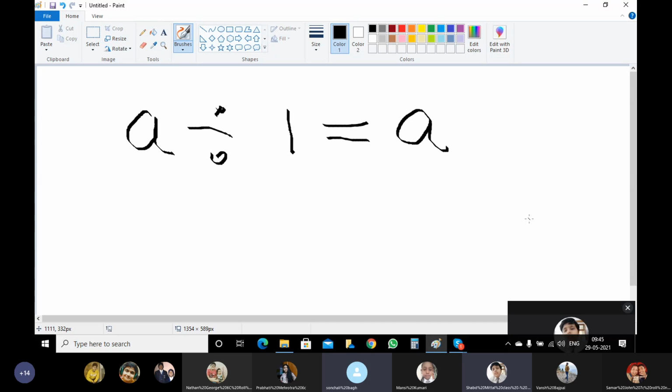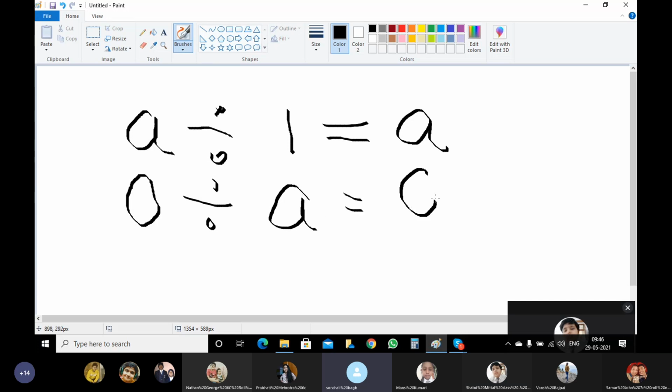But what does the property of 0 say? If 0 is divided by any integer, the answer is 0.